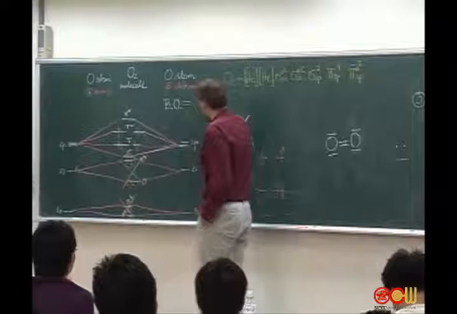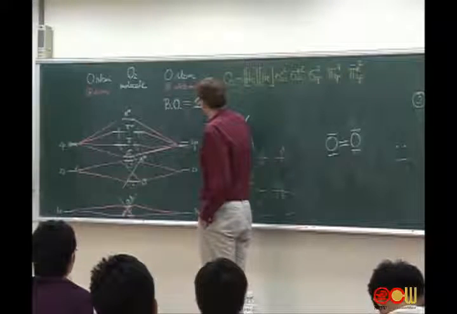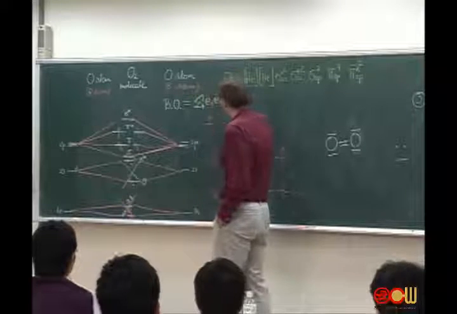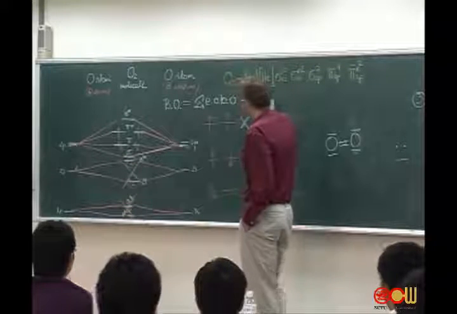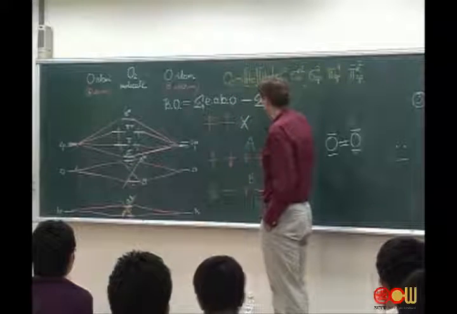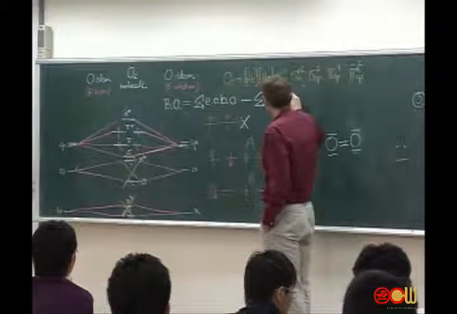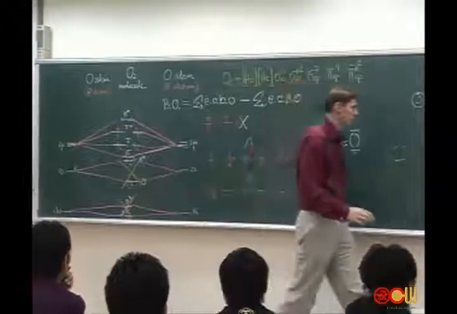The reason for this is that the bond order is the sum of electrons on bonding orbitals minus the summation of electrons on antibonding orbitals. I write it down.